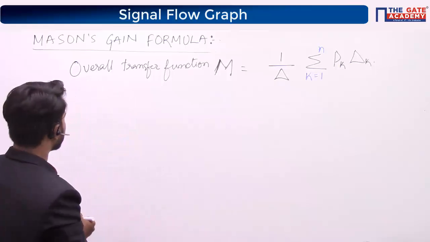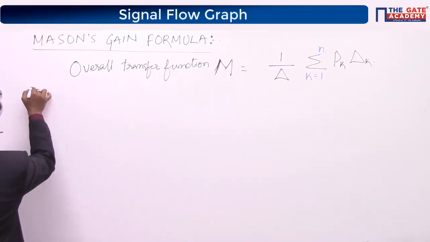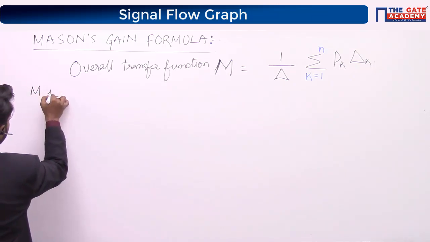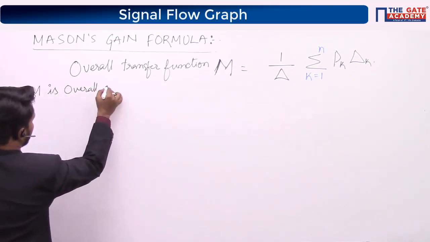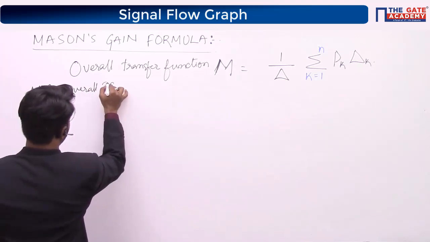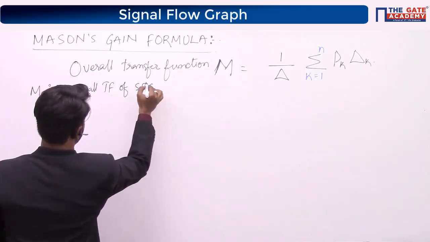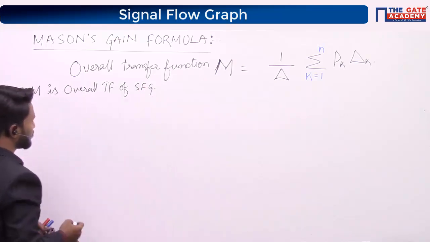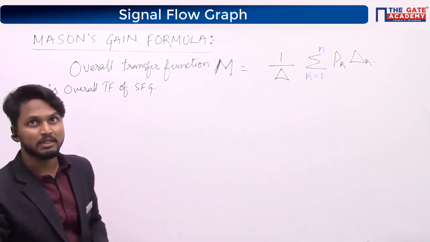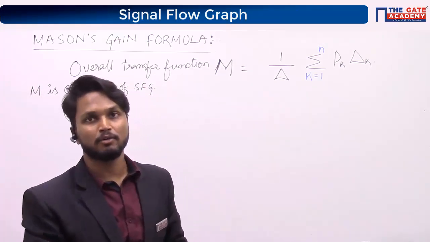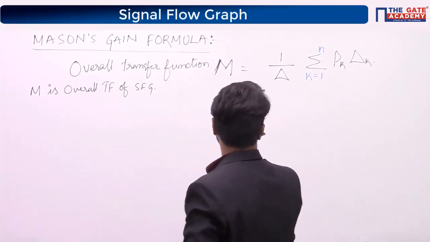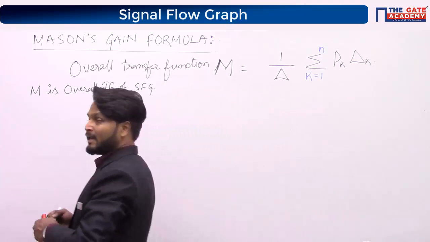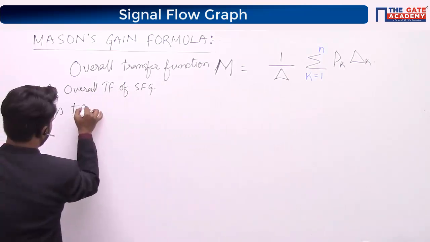So what is M? M is the overall transfer function of the SFG. If you want to find out the transfer function of a particular SFG, M is the overall transfer function of your SFG, right? What about N?